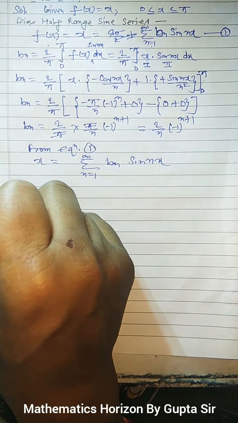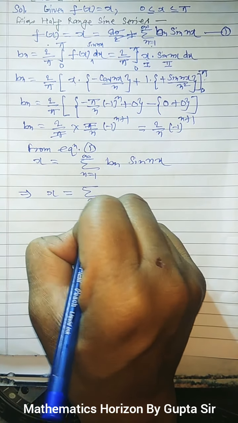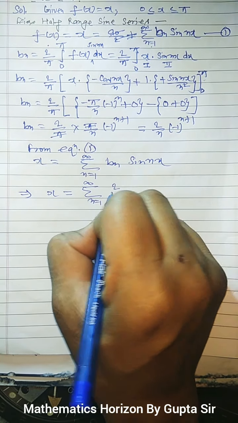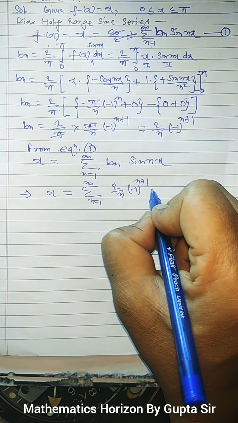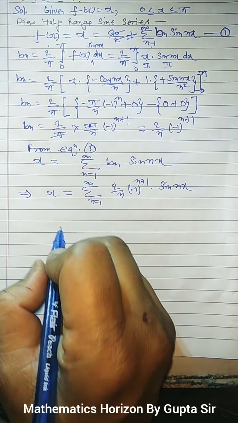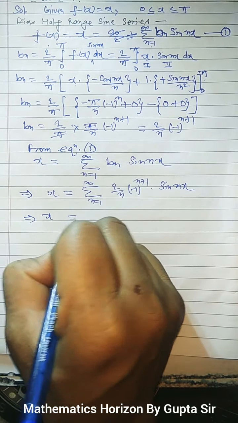That is x is equal to summation n equal to 1 to infinity, value of Bn is 2 upon n minus 1 to the power n plus 1 and sine nx. Okay, that is in series form.